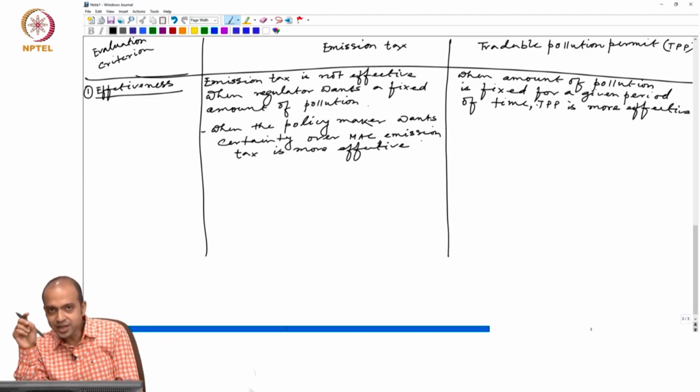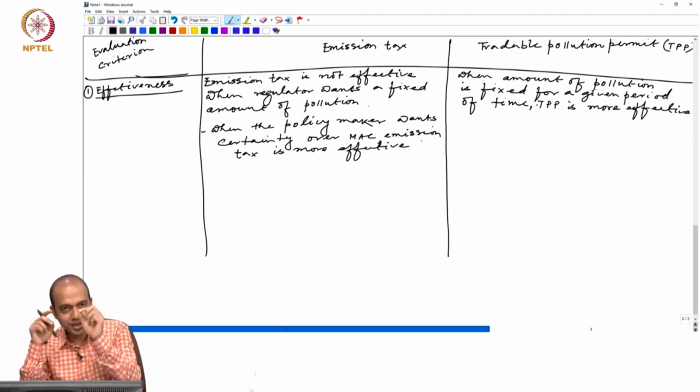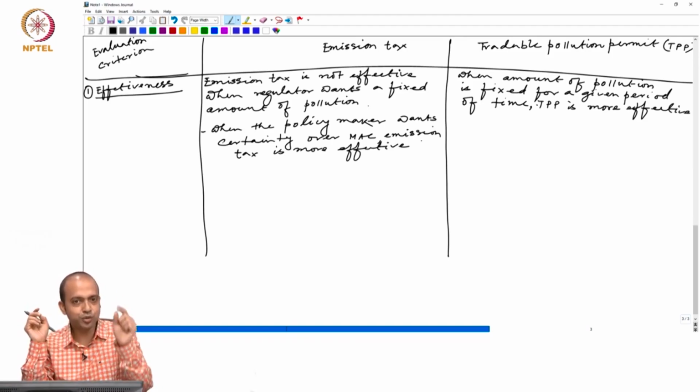Because in that case policymakers design the tax rate and they know what the marginal cost of control is, that is T.